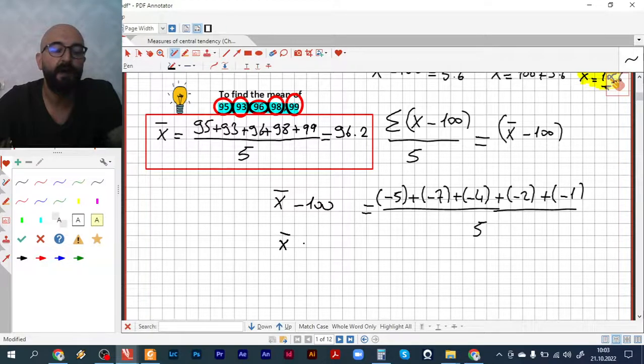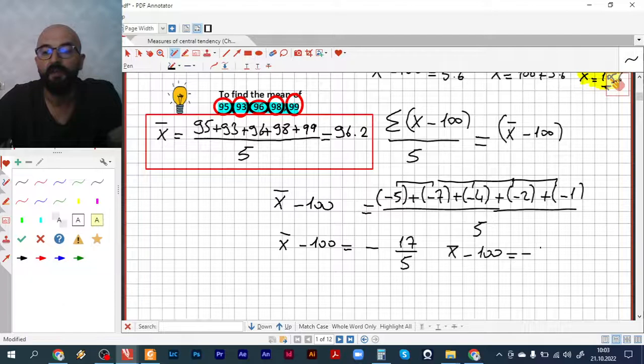So the mean minus 100 is negative 5, negative 12, negative 16, negative 18, negative 19, over 5. Excuse me, I made a little mistake: negative 19 over 5, and the mean minus 100 becomes negative 3.8.